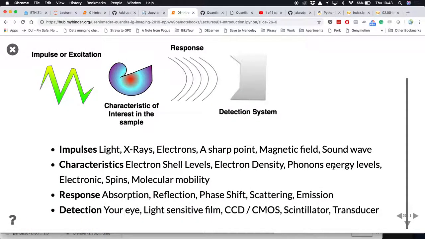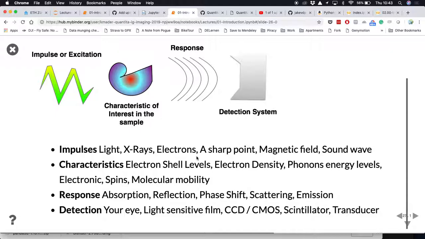So to move on to the next aspect, this is just imaging in general and how you understand imaging systems. I think it's probably mostly review for a lot of you, but I'm trying to put everything into the same framework. With all imaging systems that we deal with, there's some kind of impulse or excitation. There's then a characteristic of the sample that we're looking at, a response that comes off the sample, and a detection system.